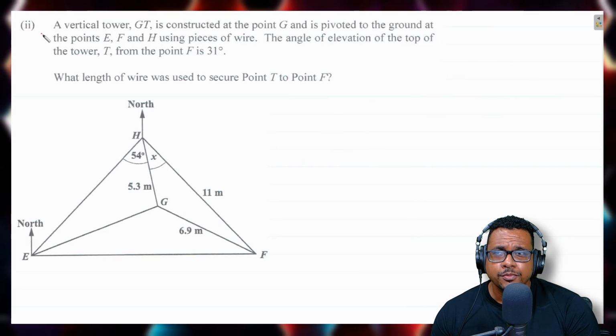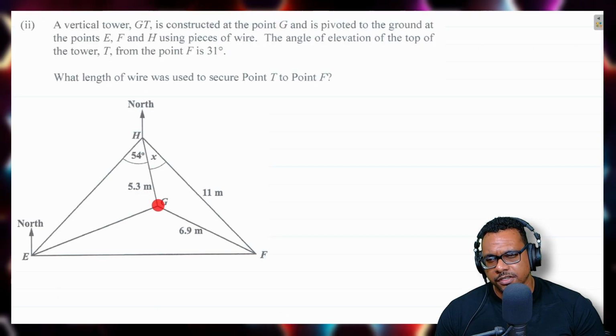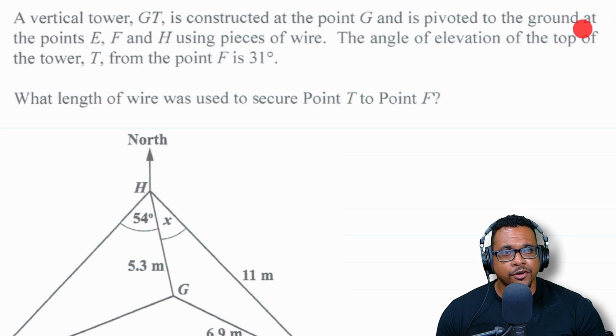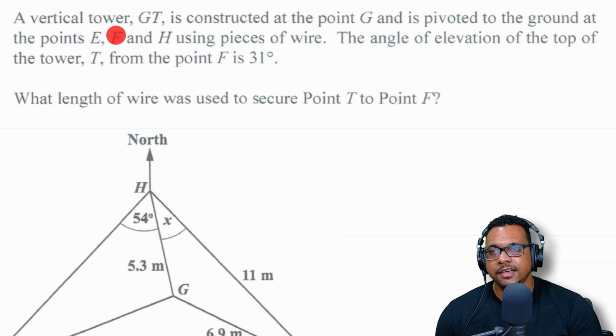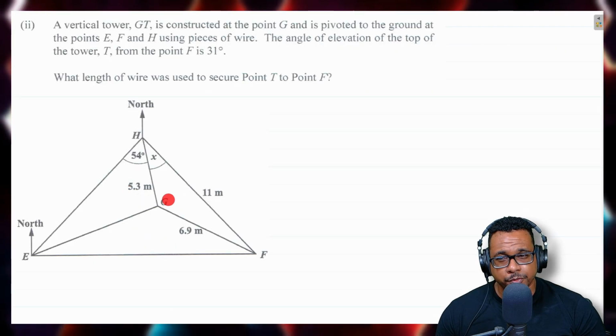So moving on to part 2, we have a vertical tower GT constructed at the point G. So at G, we're going to construct a vertical tower, and it is pivoted to the ground at the points E, F, and H. All right, so this is sort of like a 3D shape we're looking at here.